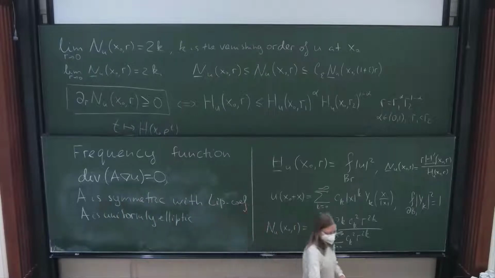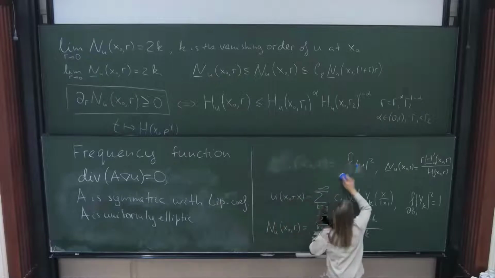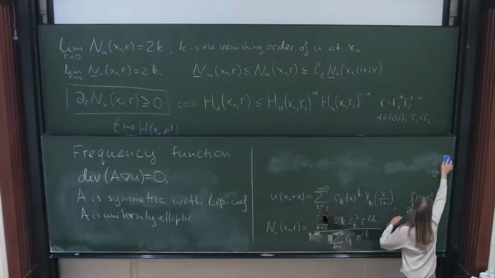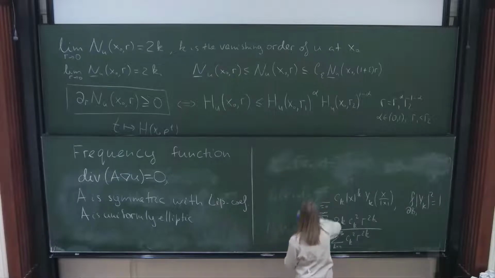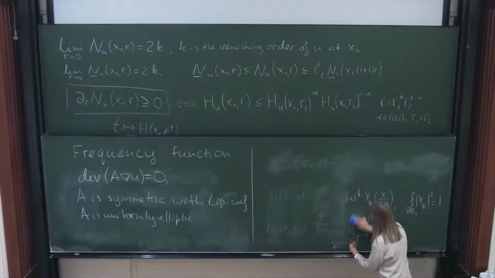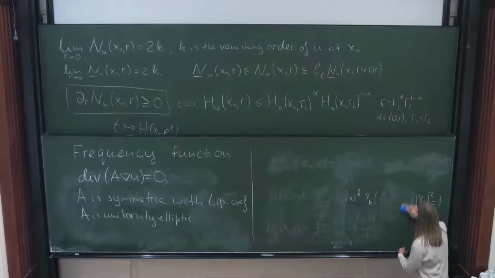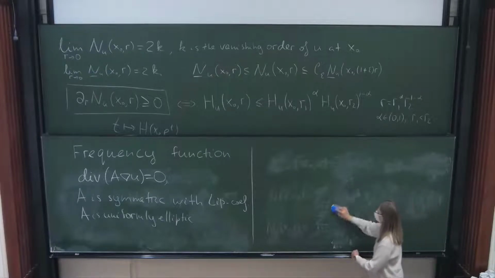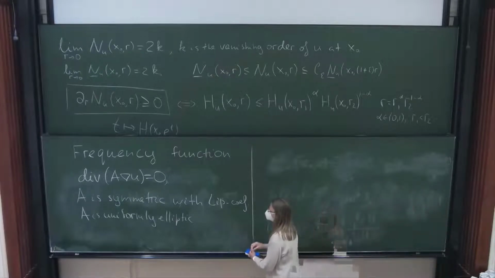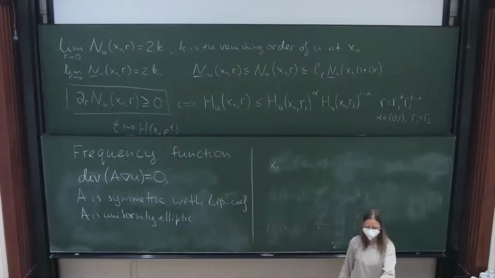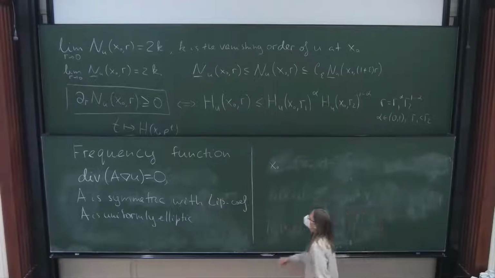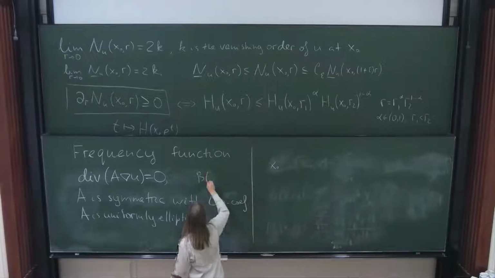And if you want your integration by parts to go through, you want to adjust a little bit the definition of the frequency function, or the definition of the average. We fix once again some point 0, so that we have a solution of this equation in a ball around 0.